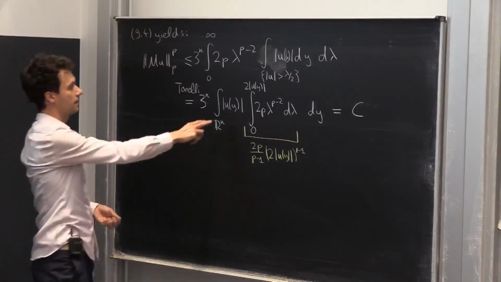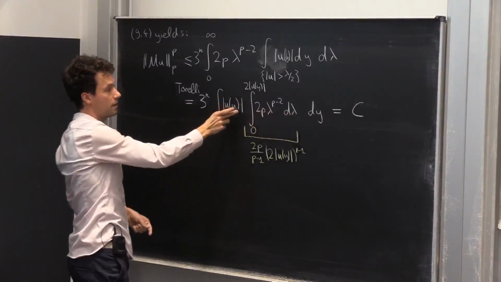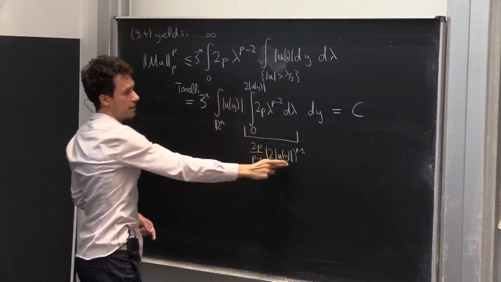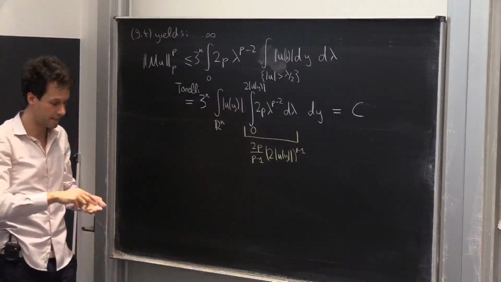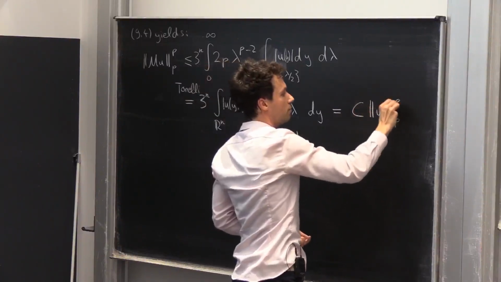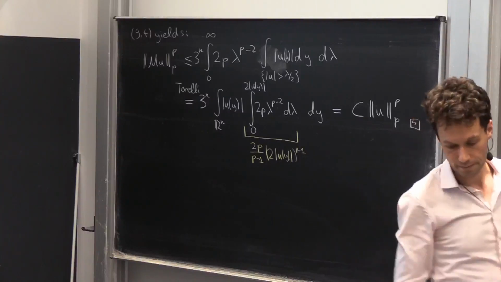And what remains after the lambda integral is gone is absolute value of u to some power, and the power is, well, here it's 1, and here it's p minus 1, so this gives exactly the power p, so it gives u in p norm to the p, and that's the thing that we wanted to prove, and the proof is complete.